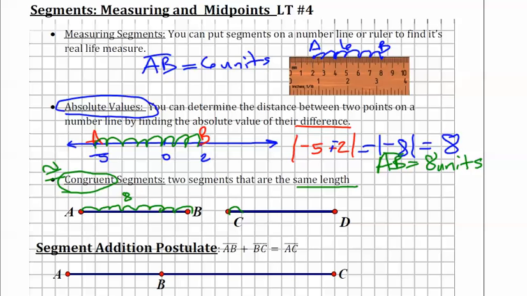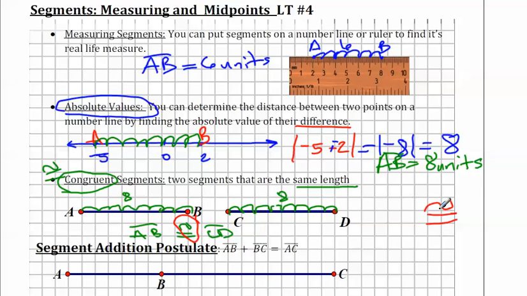I'm hoping this is also 8 units. 2, 3, 4, 5, 6, 7, 8. So we could say that segment AB is congruent to segment CD. This congruent symbol you will use in every unit somewhere, I'm sure, from now until the end of geometry. It's an equal sign with a curly Q. That means congruent. Memorize it.